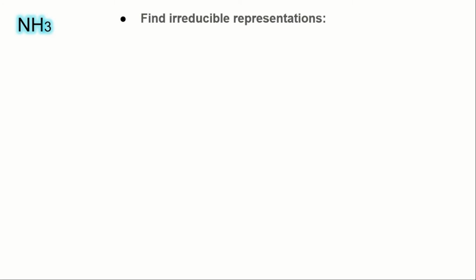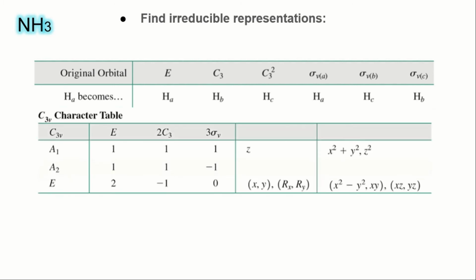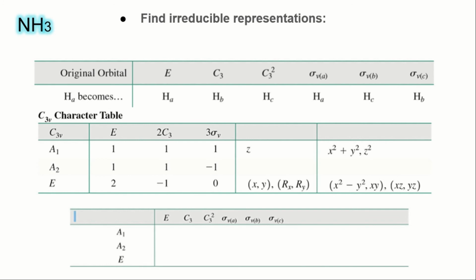So the linear combinations of the hydrogen 1s atomic orbitals that match the symmetries of the A1, A2, and E irreducible representations are obtained. To do this, we need to multiply each outcome by the characters and add the results. For example, we multiply HA times 1 from the character table and that gives us HA.